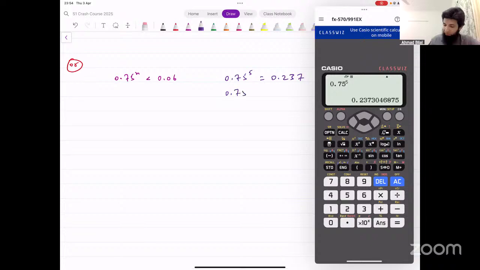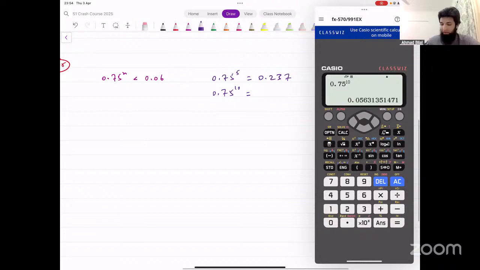Okay, let's try a bigger number. Let's try 10 and see what that gives us. That's giving me 0.056. Is that less than 0.06? Yes, that is less than 0.06. But does that confirm that this is the first number at which it is less than 0.06? No, because I've not tried 9.